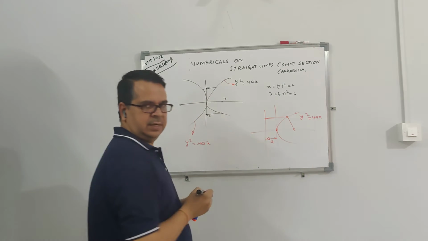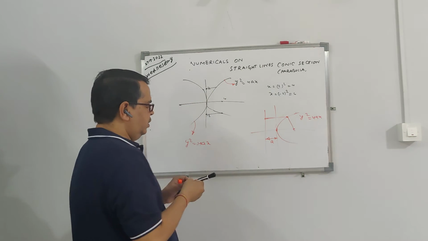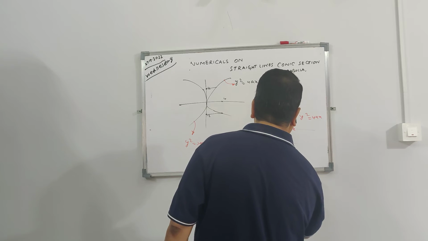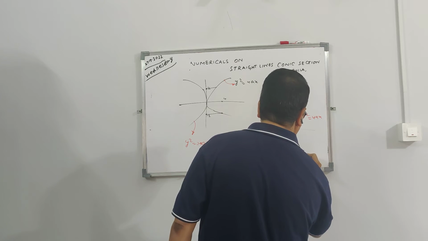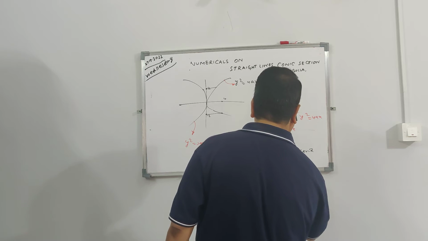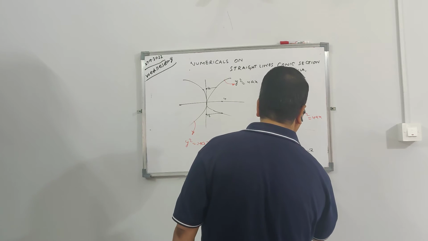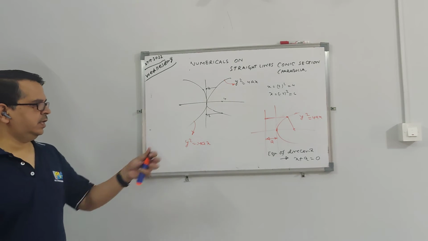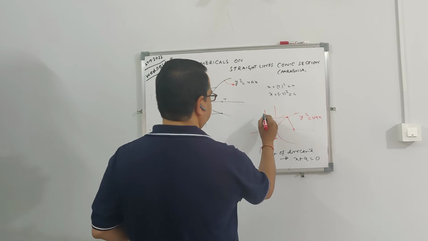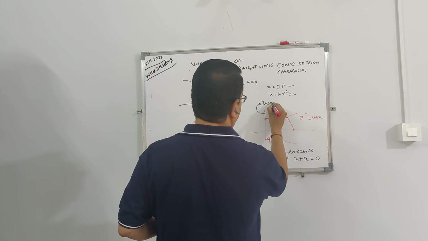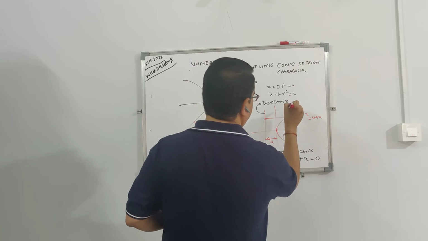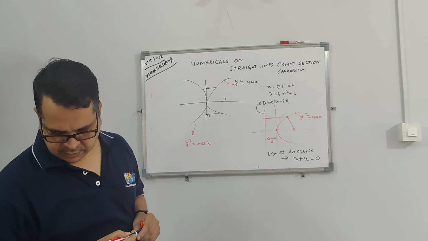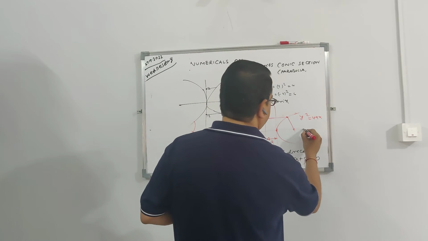Okay. So the equation of directrix is x plus a is equal to 0, which is nothing but x is equal to minus a. Yeah. Because this is your directrix. Okay, so x plus a is equal to 0 is the equation of directrix, and this is your axis.